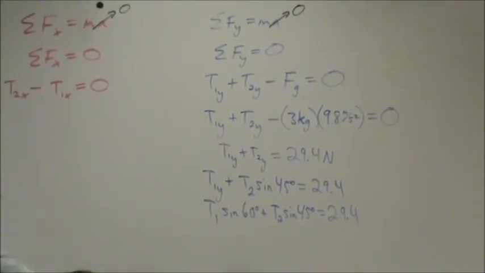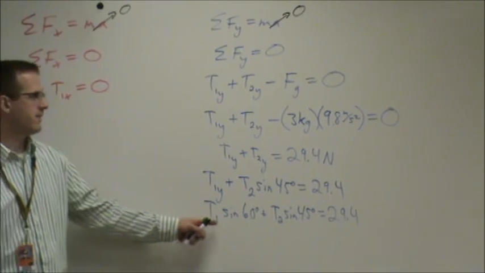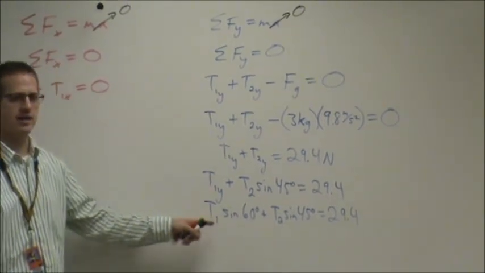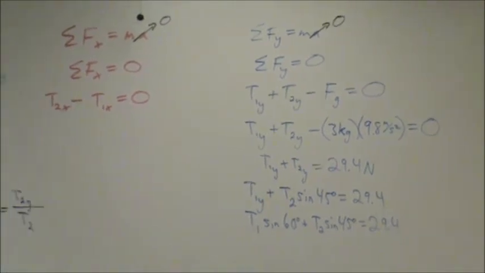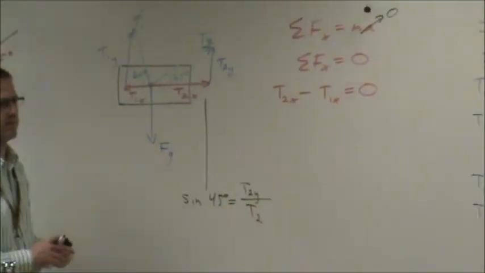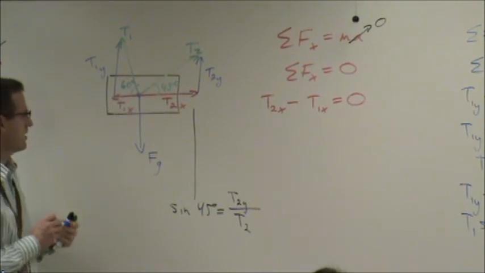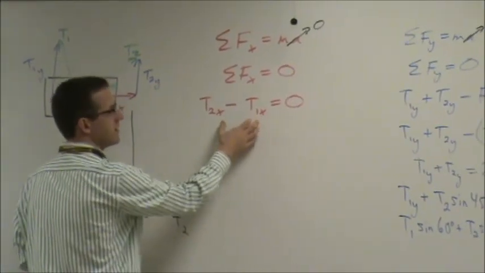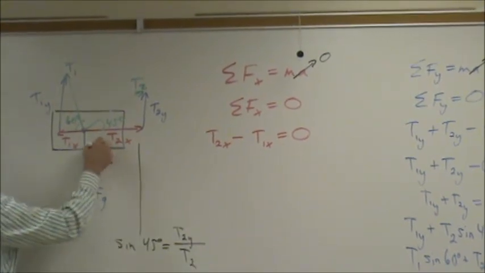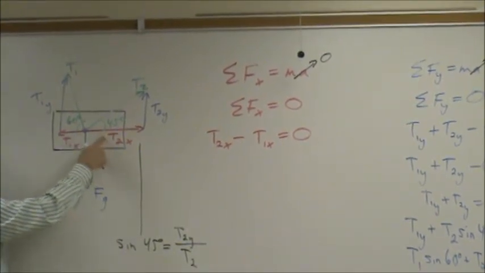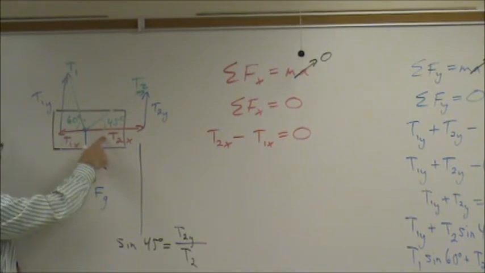Alright, if you look on the board, it should look something like this. Instead of T1y, I did T1 sine of 60, the exact same type of method I used over here. Now how about for this stuff? What would you use in the x? What trig function would you use to find the x components? You use cosine, yeah.